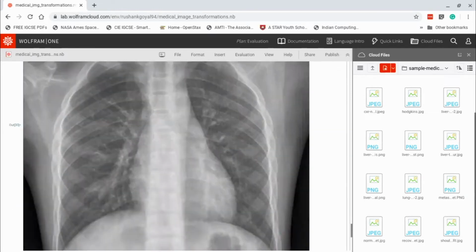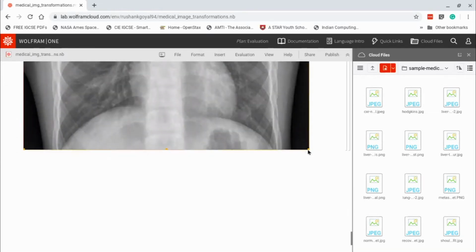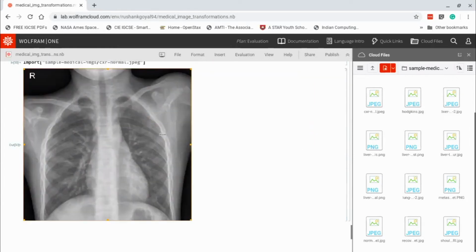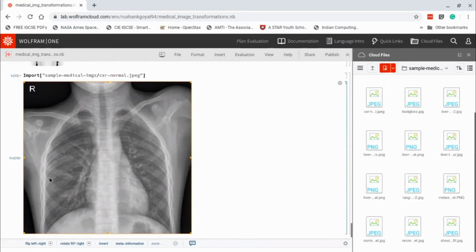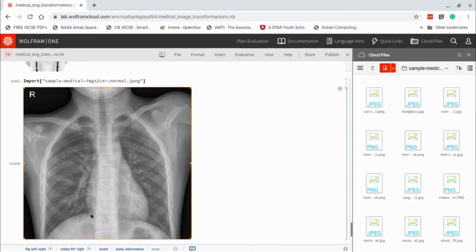Okay, there. This was kind of a big image. Okay, so as you can see, this is basically a chest X-ray of a person. This is like a normal person, what their heart would look like, and their organs below that. Let's just copy this for later use.